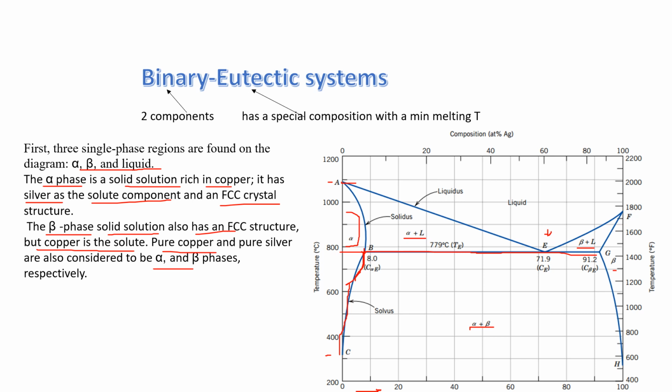Suppose we cool down, then it is from point B until point C, which is the melting temperature of the copper. Similarly, at temperatures below 779 degrees centigrade, the solid solubility limit line separates the alpha and alpha plus beta phase regions.